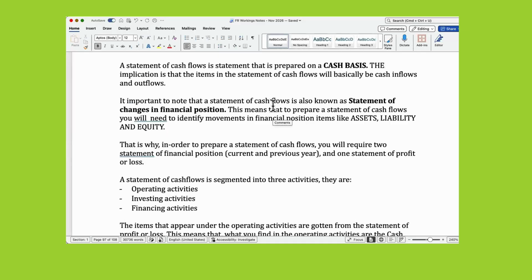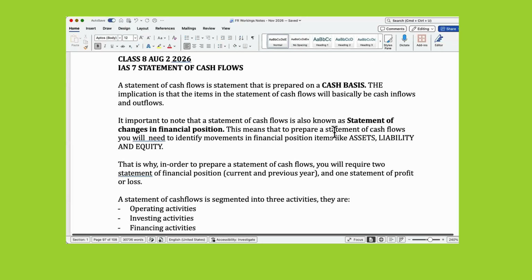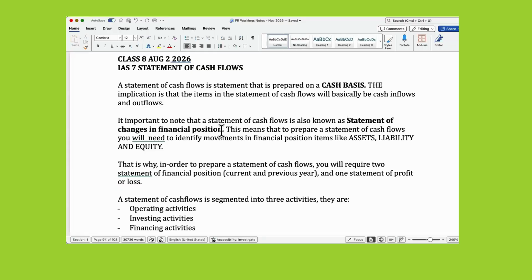The major highlights of what we discussed last week: I mentioned that statement of cash flows is a statement of changes in financial position. So the approach I used to solve the question last week is also going to be the approach I'm going to use to solve the question today. Any question on cash flow, that's really the approach.